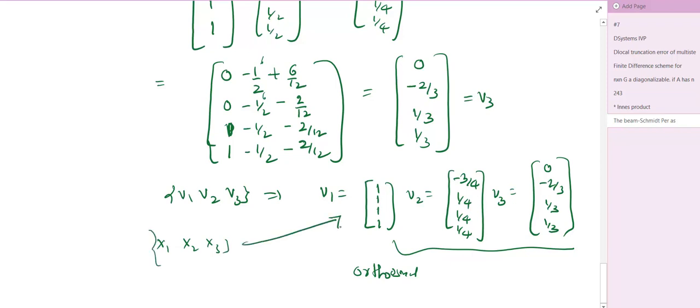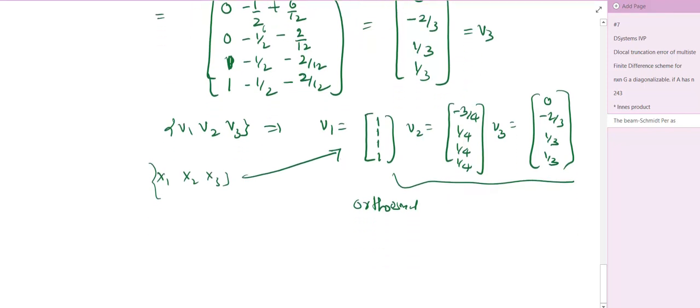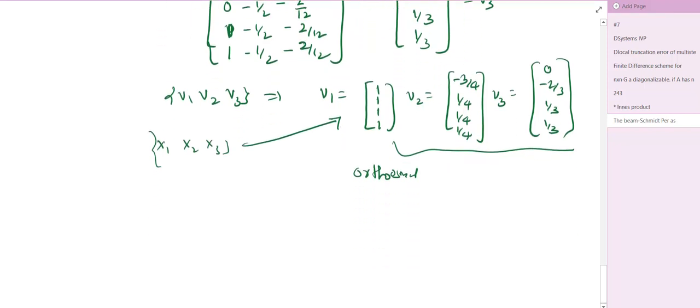If they ask further to convert into orthonormal, then you just have to normalize them: v dash will be equal to v upon norm of v. So this is your v1 dash, v2 dash will be v2 upon norm v2, and v3 dash is v3 upon norm v3.